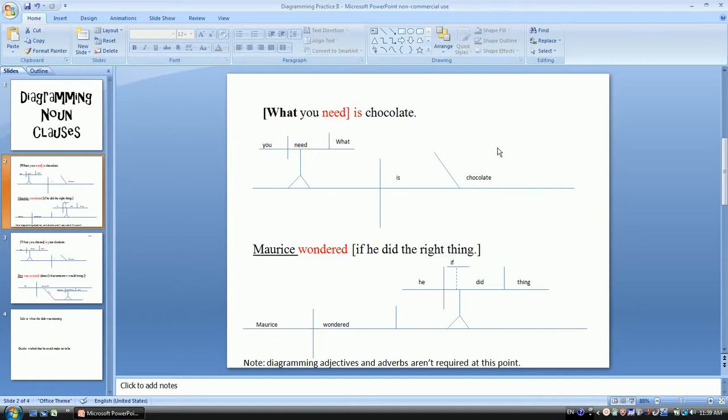So if we had a predicate nominative, it would look similar to this one on the direct object, just this line would be diagonal. So just pay attention, figure out what that noun clause is functioning as, pay close attention to the verb because that's going to give you a huge clue. Watch out for prepositions, and it can also function as an appositive, so look for commas. Commas will often signal an appositive. Not always, but often.